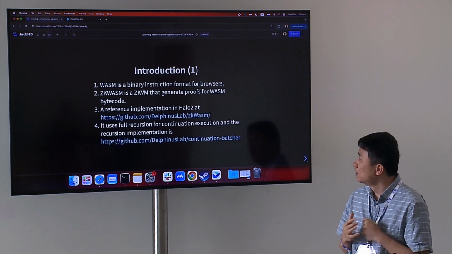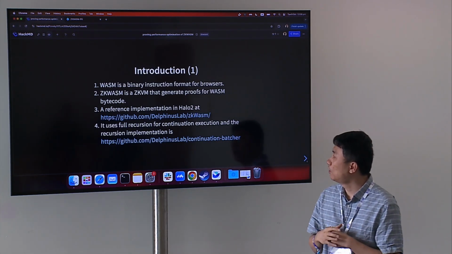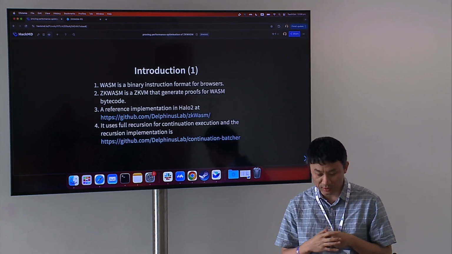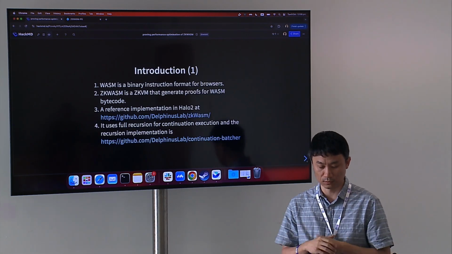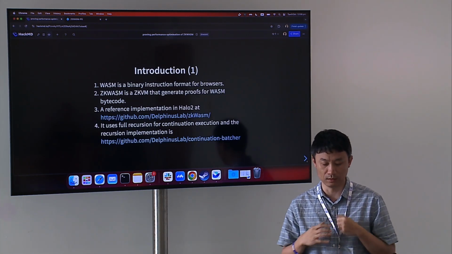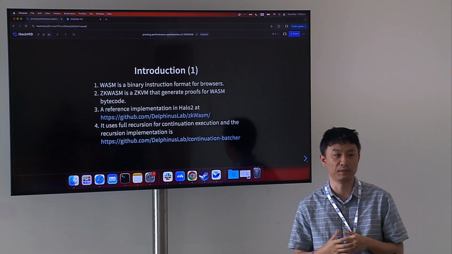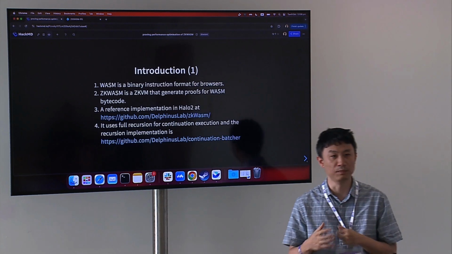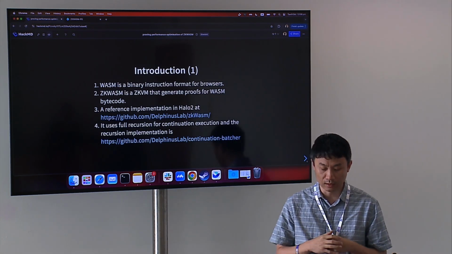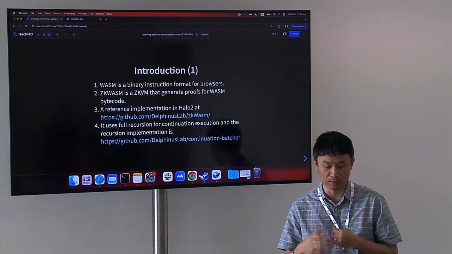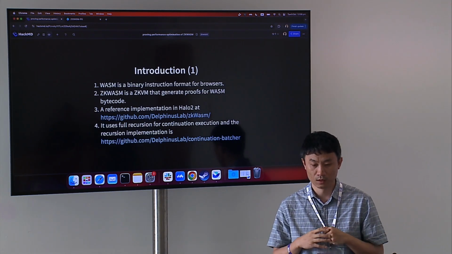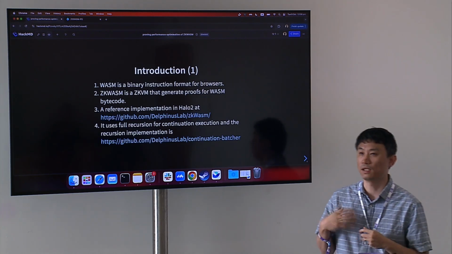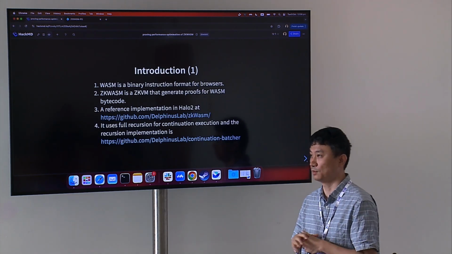Presumably you all know what WebAssembly is, and I give two supplementary notes: WASM natively supports host applications, and WASM is extendable with SIMD, which are vector instructions. The way we handle WebAssembly execution is that we split the full execution into slices and then make full recursions on all the slice proofs.